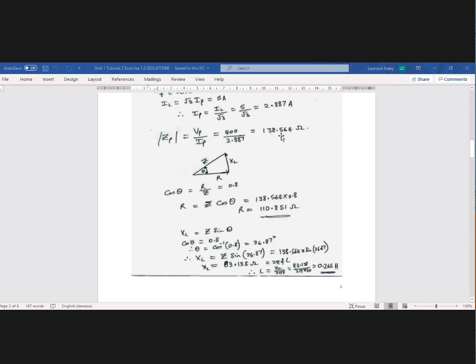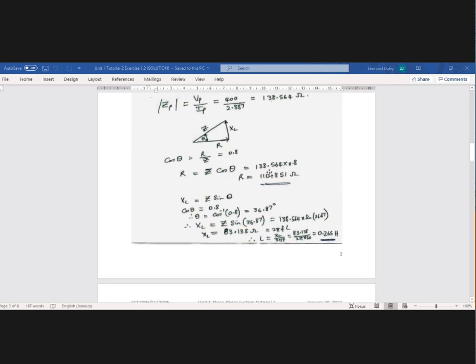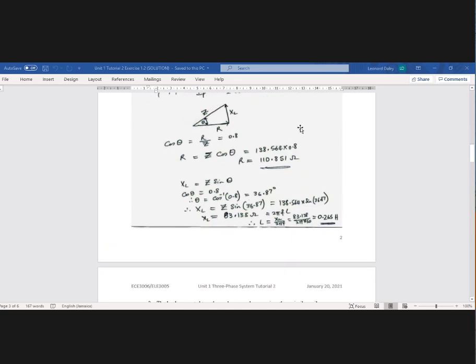That would be a polar format, and you're converting it to rectangular. So when you convert to rectangular, now you get the R plus the JXL. So you need to understand what you're doing, so you understand what the calculator is doing also.